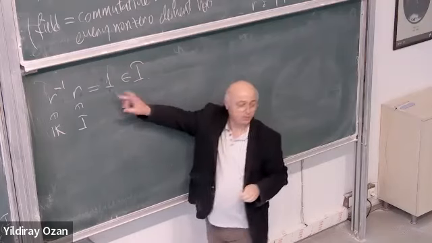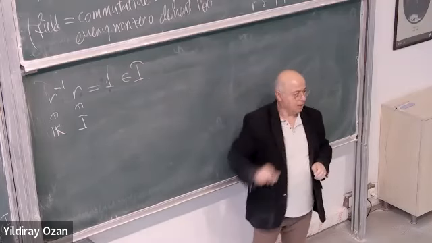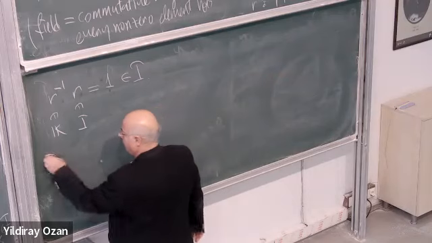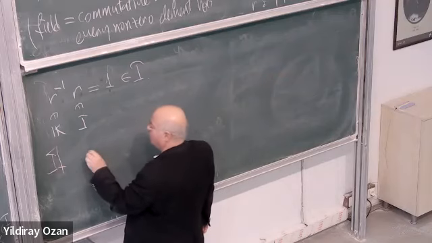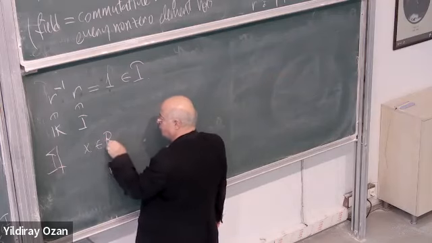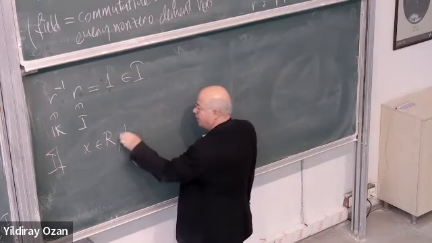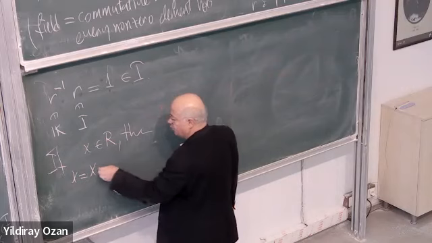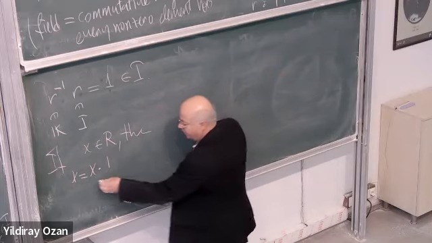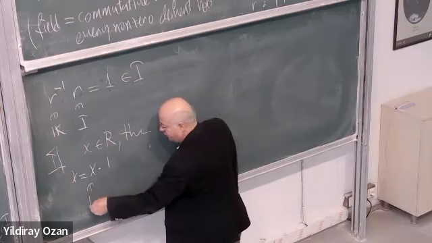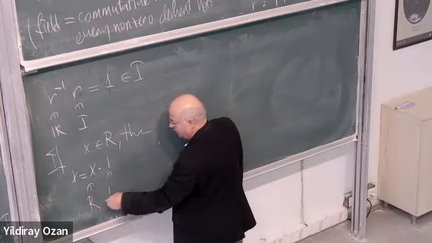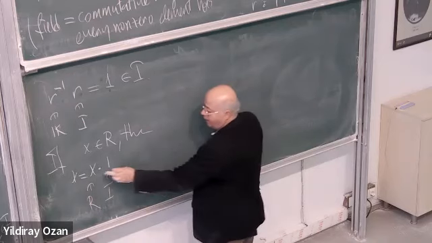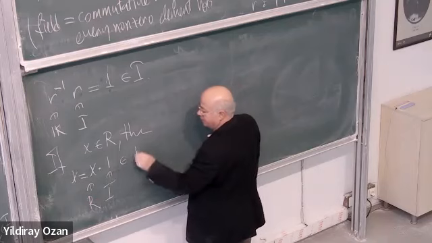So our ideal contains 1. But then, let's say x is any element of the ring. Then x is equal to x times 1. Again, this is from the ring, and this is in the ideal. Therefore, the product is in the ideal.